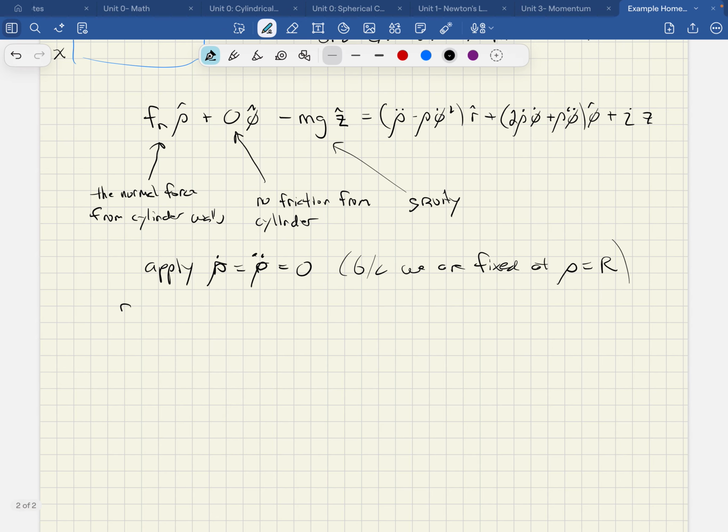So that gives us Fn rho hat minus mg z hat is equal to, all right, rho double dot is 0, so that first term can go to 0, minus rho phi dot squared rho hat plus, and again, rho dot is 0, so that first term goes away, so we get rho phi double dot phi hat plus z double dot z hat.